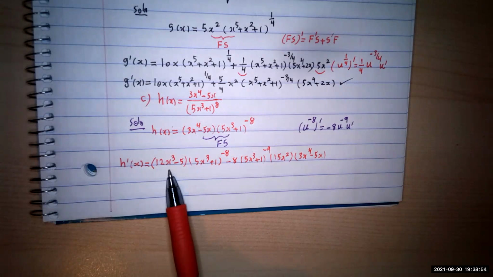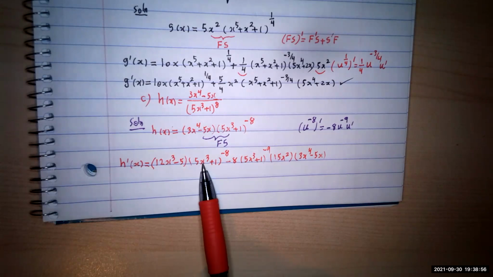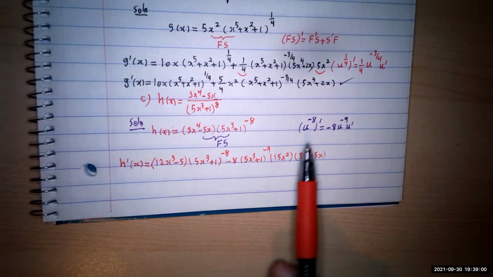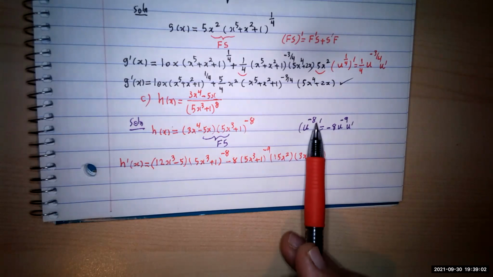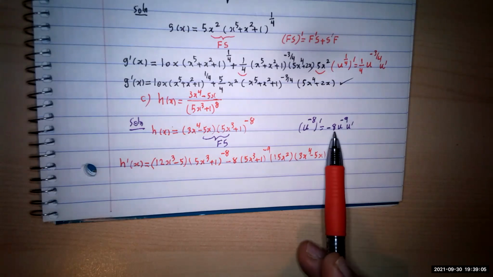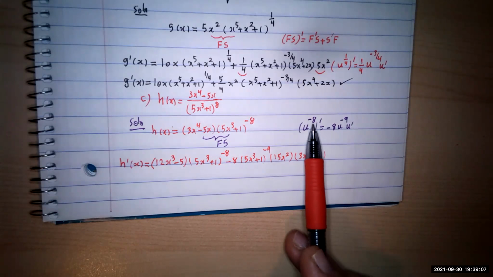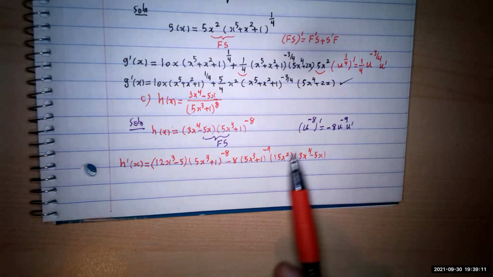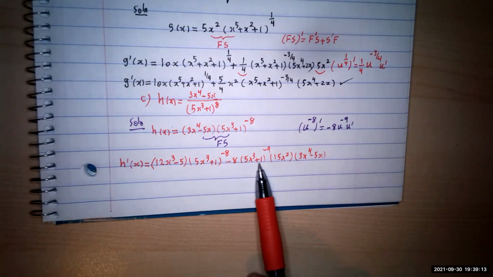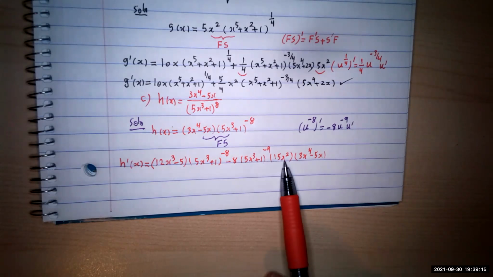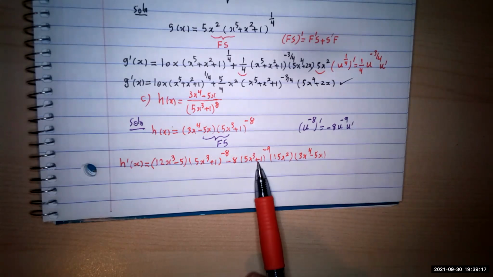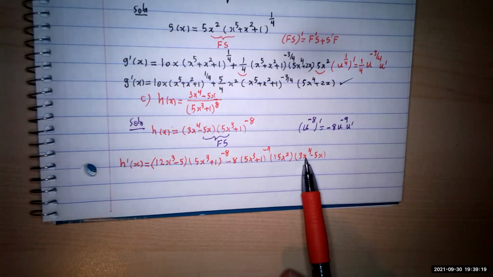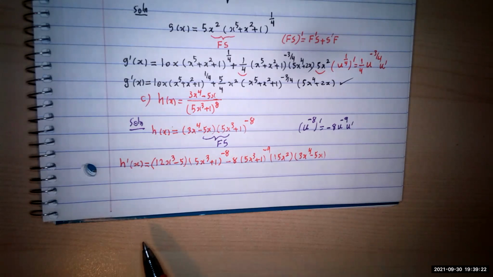That's the derivative of the first function times the second function, as is. Now the second: the second is chain rule type, u to the negative 8. You bring the power down, negative 8, u to the negative 8 minus 1, negative 9, times u prime. So negative 8, 5x cubed plus 1 to the negative 9, times u prime, the derivative of the inside, 15x squared, times the first.